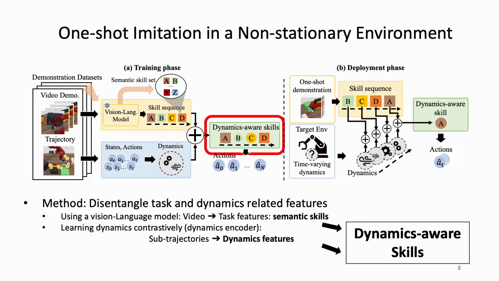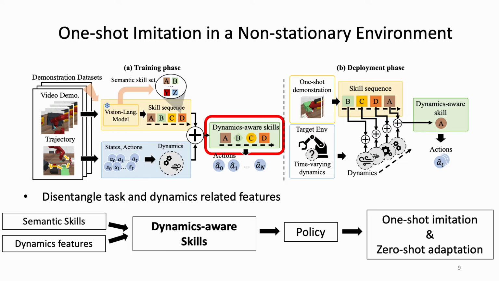Executing each skill means that there is an action decoder for the linguistically expressed semantic skill, which decodes the primitive action sequence appropriate for the environment's action space. Through this process, we enable one-shot imitation and zero-shot adaptation, as previously mentioned.